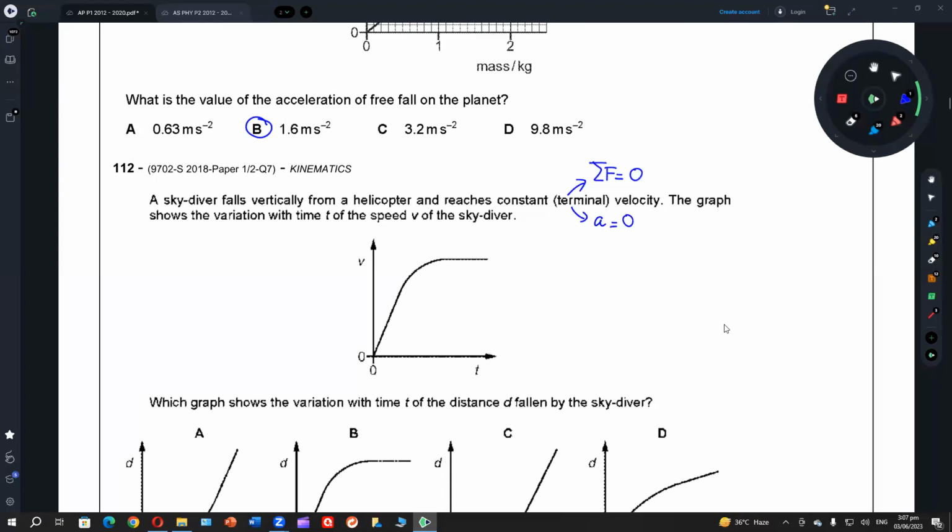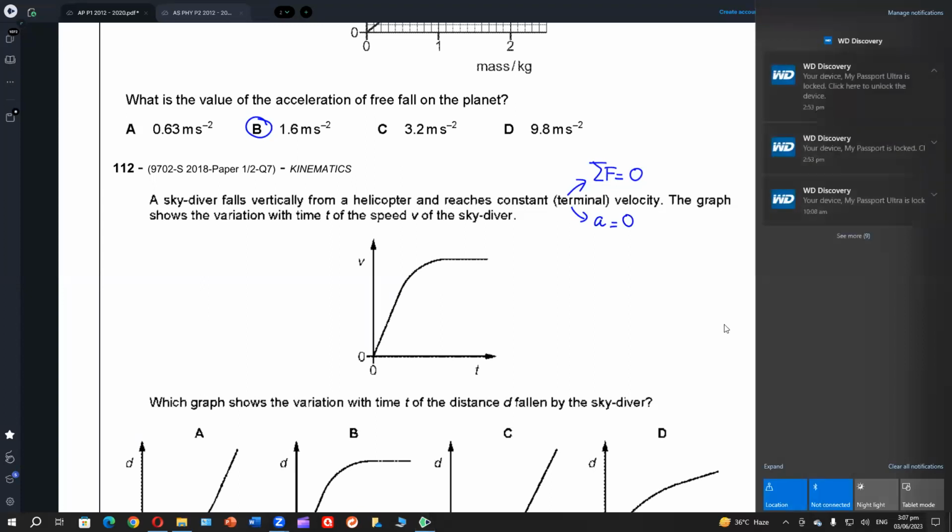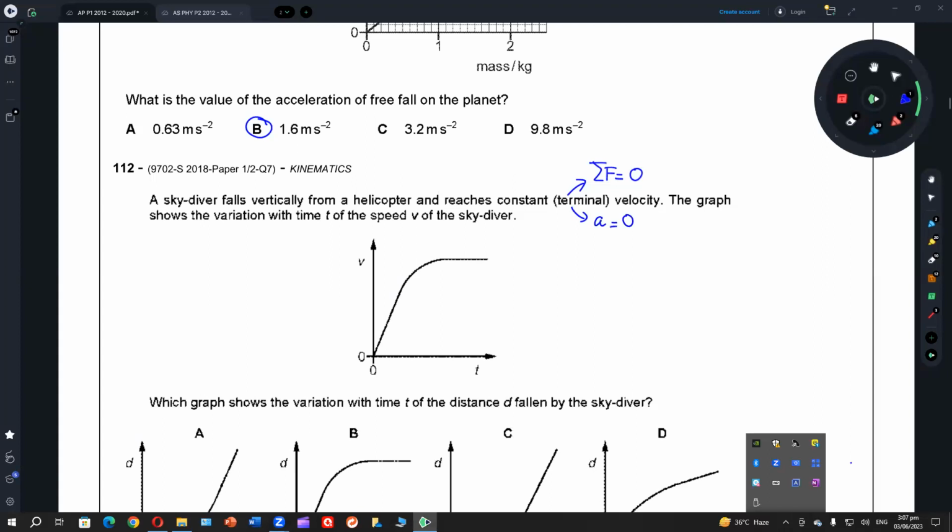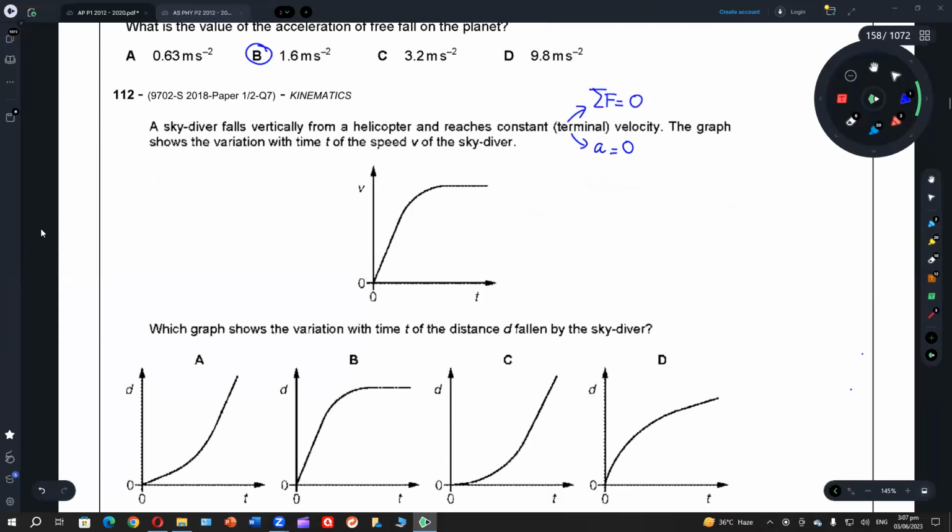The graph shows the variation with time of the speed of the skydiver. The skydiver falls vertically from a helicopter, and then the graph shows the variation with time of the distance fallen by the skydiver.